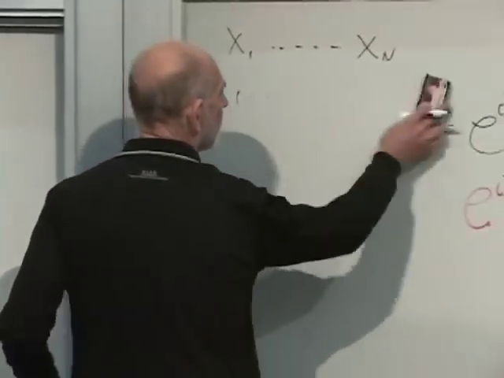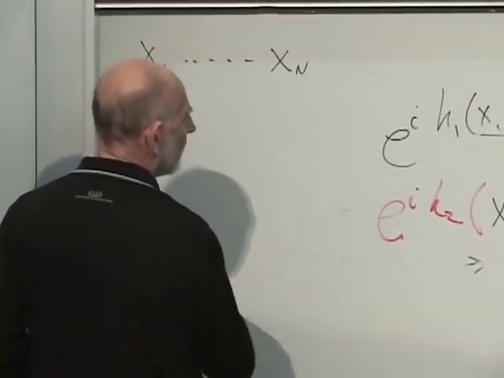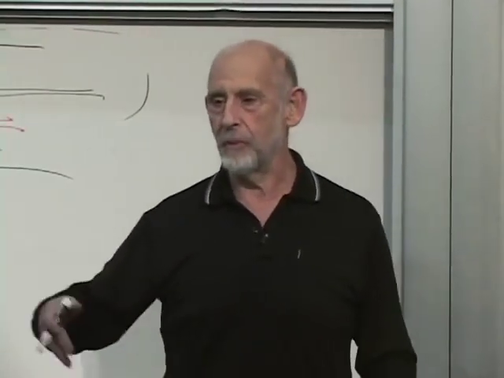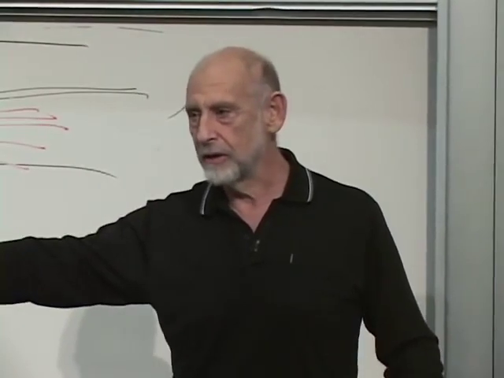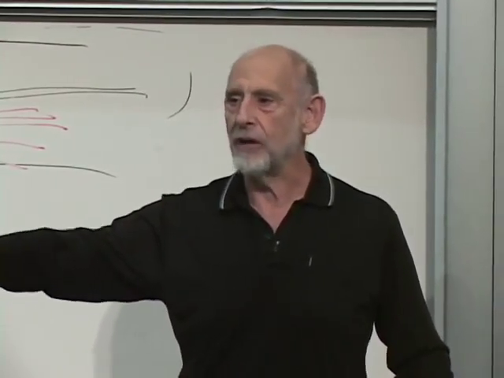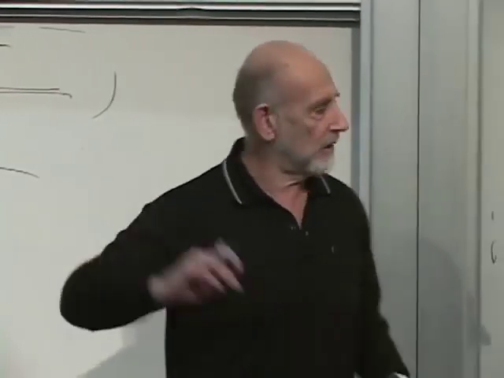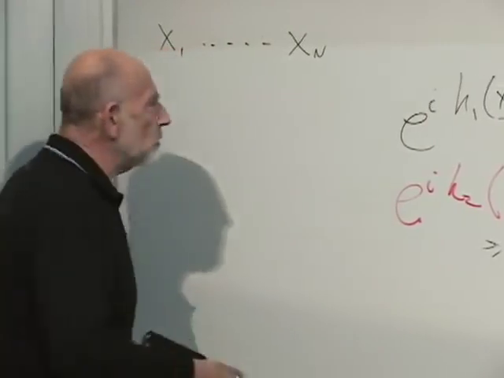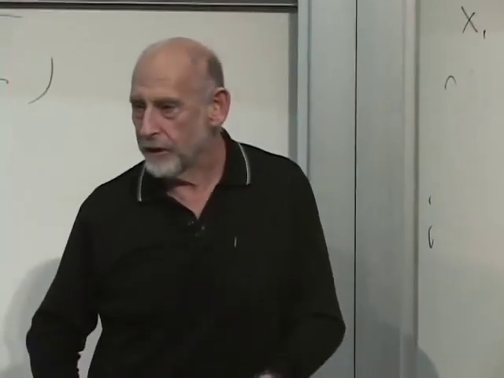What's the right rule for updating a state from an instant to a later instant? You multiply the state by e to the iHt. So you take this wave function and you evolve it, you solve the Schrodinger equation for it.